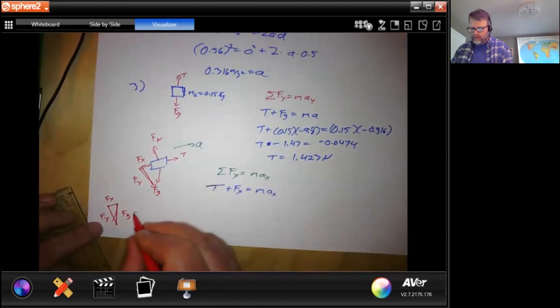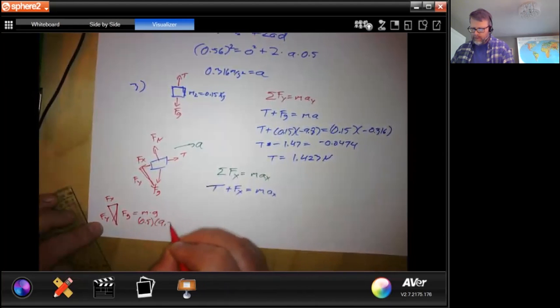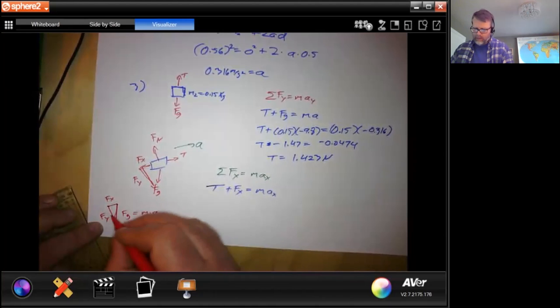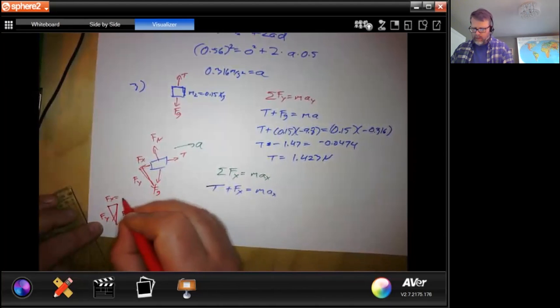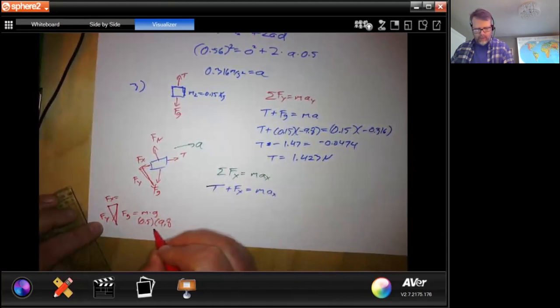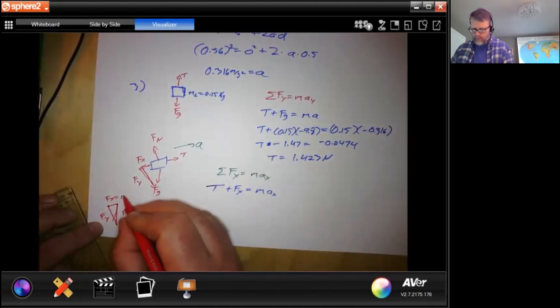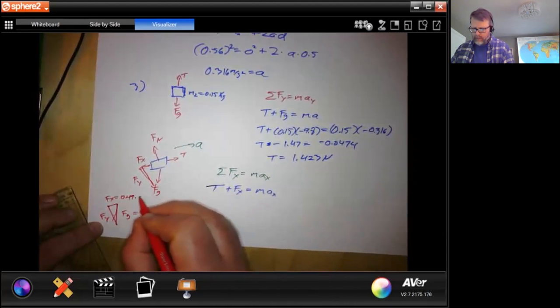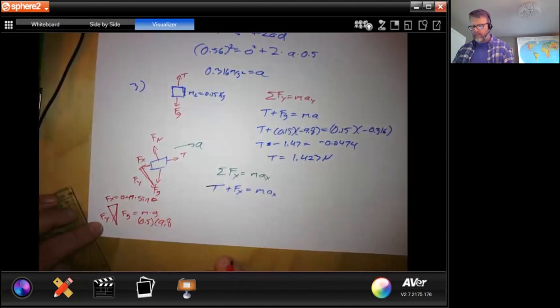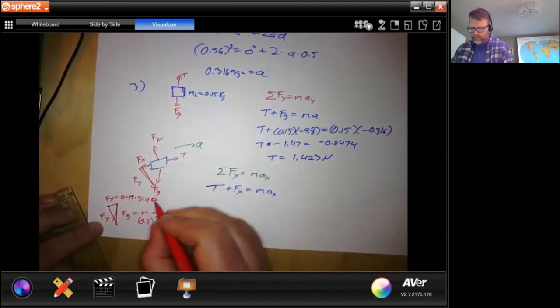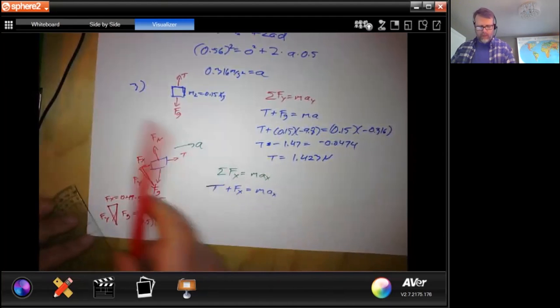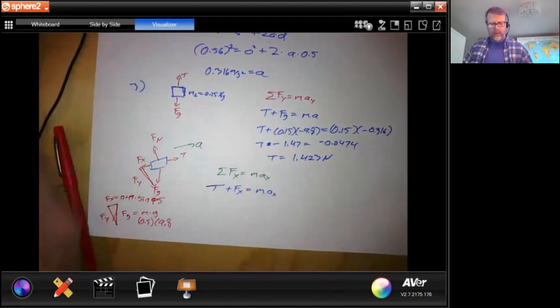All right, so this is going to be our mass times gravity, our 0.5 times 9.8. This is going to be that number, which is going to be 4.9 times the sine of theta, which was 15 degrees. Okay, so we can take that and solve that as well.